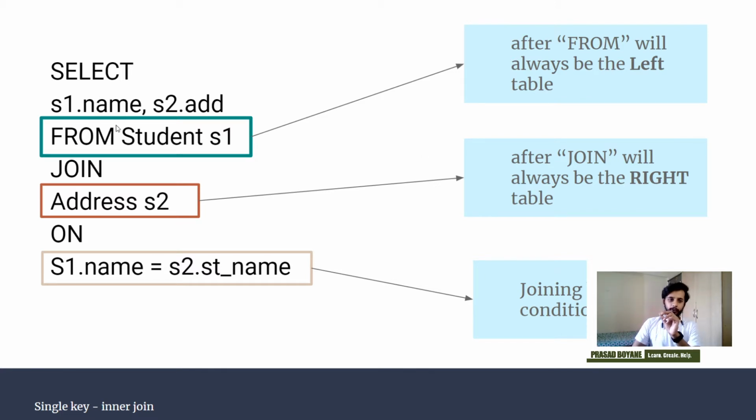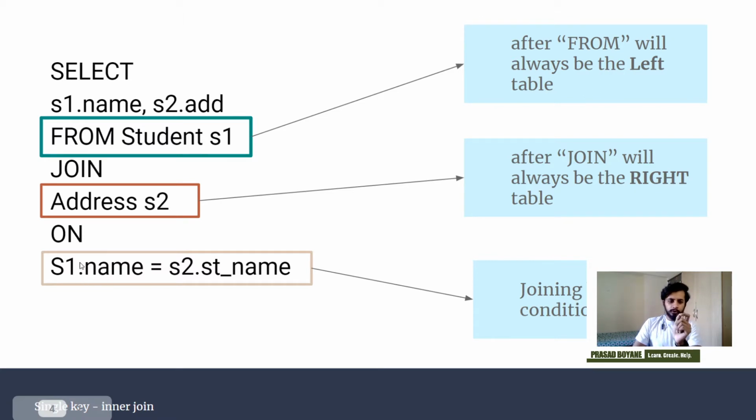So from this query we get to know that student is the left table, addresses is the right table. After the on keyword we have a condition. We can have one or multiple conditions, that we will come to later, but after on we have conditions, and these are known as joining keys.